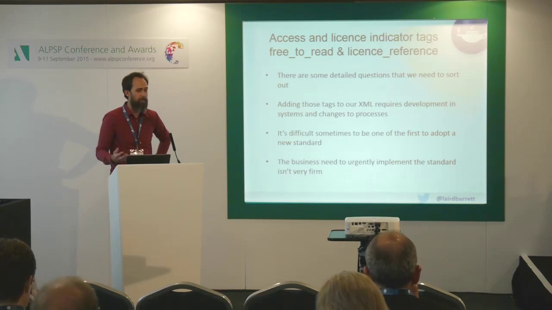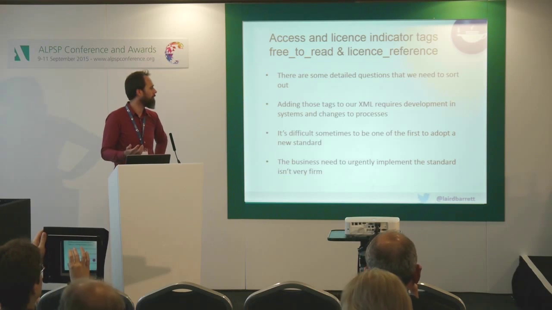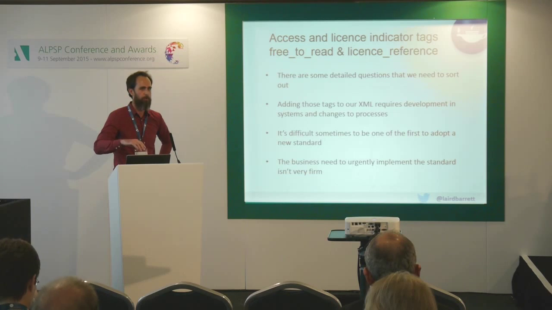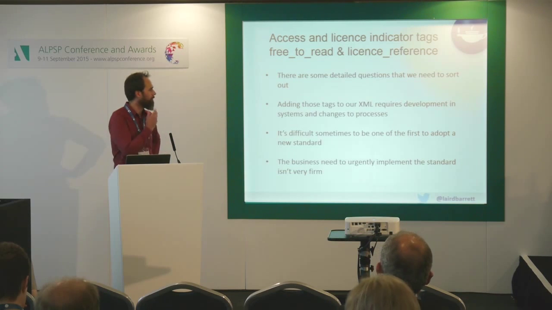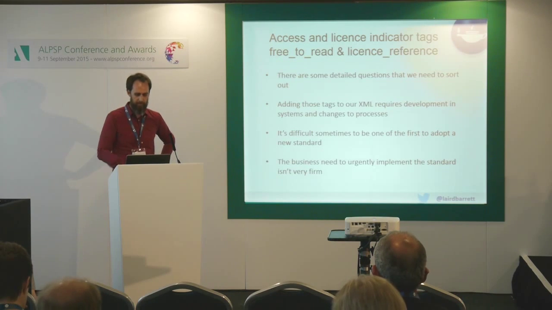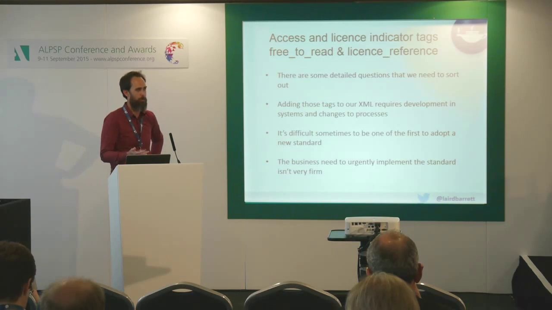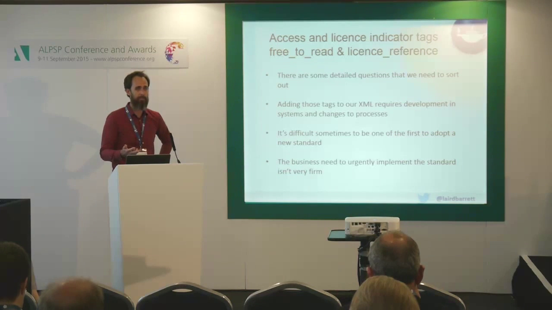So I think we're enthusiastic about it, and it's something that we want to implement certainly, but unfortunately we're not rapidly moving toward it because there's a long list of just practical considerations that are holding us up. There are some detailed questions that we need to think about when it comes to implementing the standard. What do we consider free to read? So open access, permanent free, embargoed free, whether free marketing stuff needs to be considered as well.